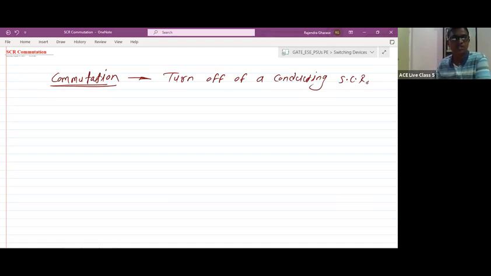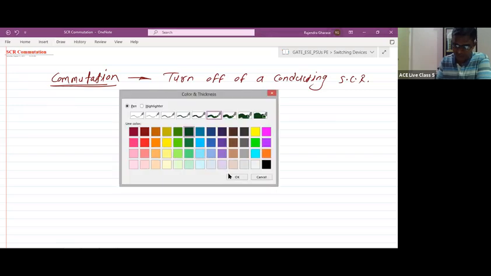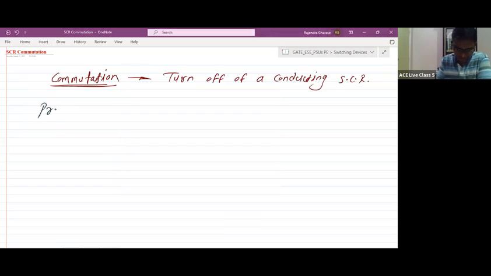Now, in order to successfully turn off the SCR, we need to follow certain steps. So we have one procedure. Let me write the procedure for commutation of SCR.